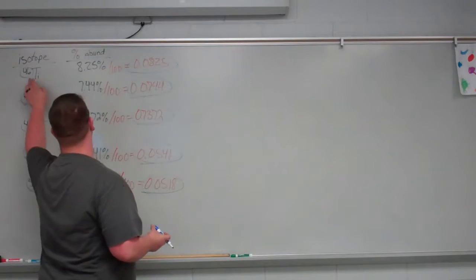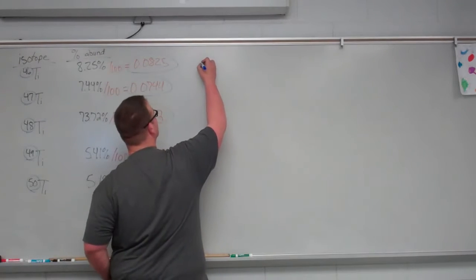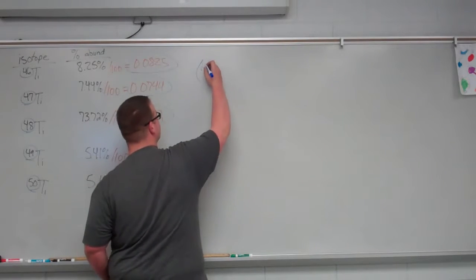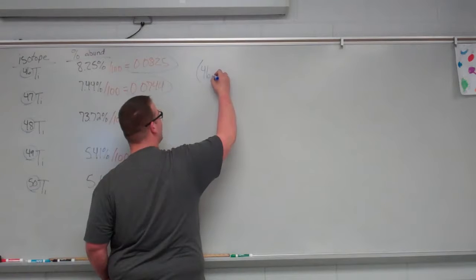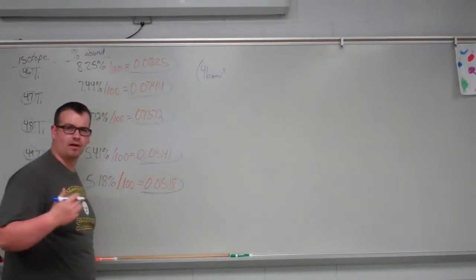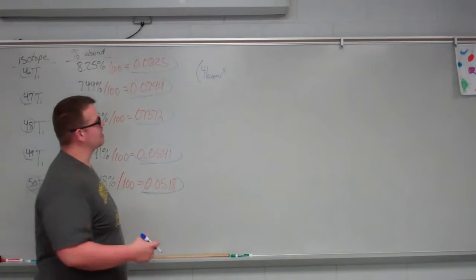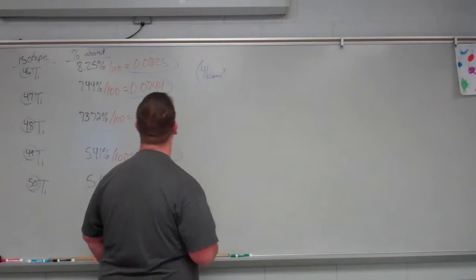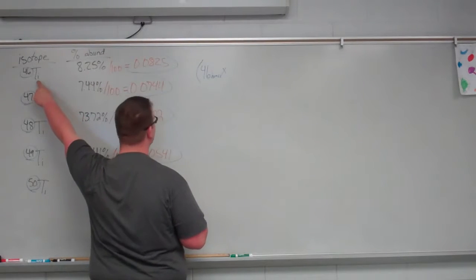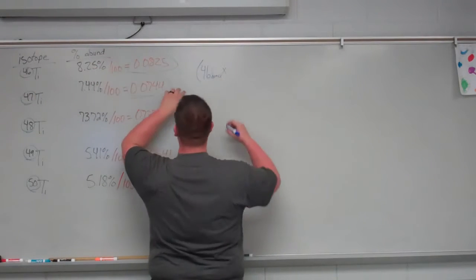So, mass number 46, and I'm going to use parentheses, and it's going to be times, well, let's use units. Units are important. We'll do AMUs for now. We'll do grams per mole later on when we start dealing with the mole concept. So 46 atomic mass units times this decimal, because it corresponds with titanium 46.